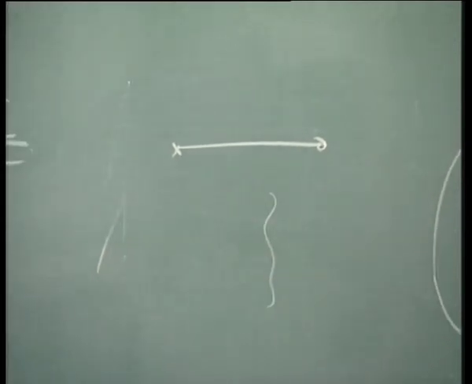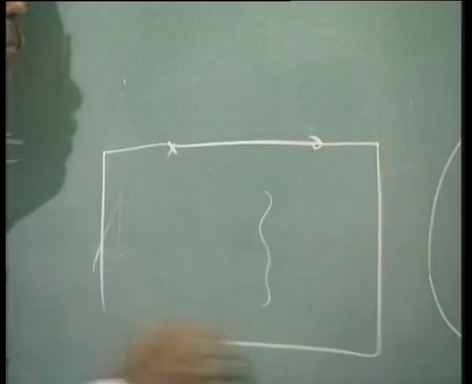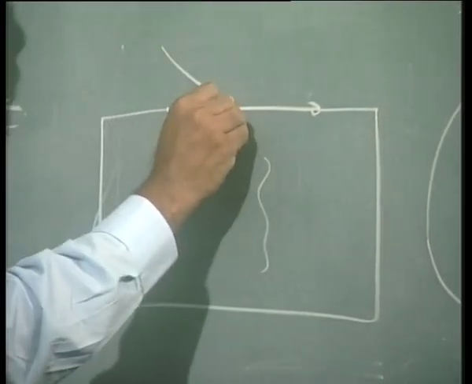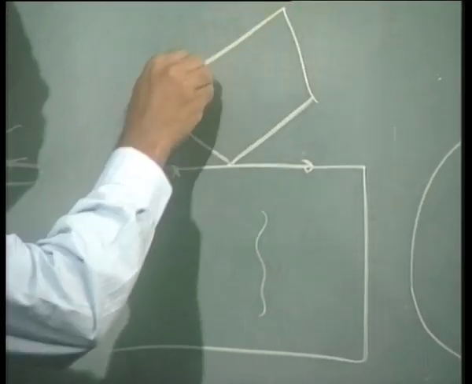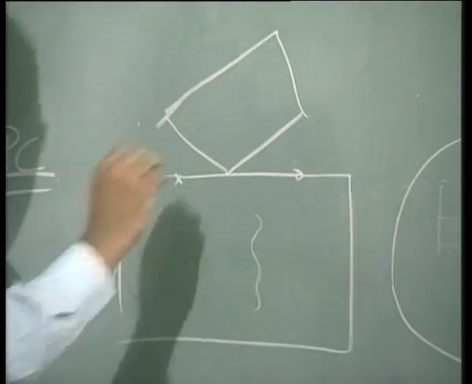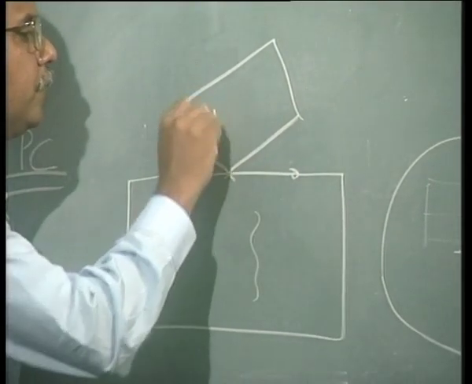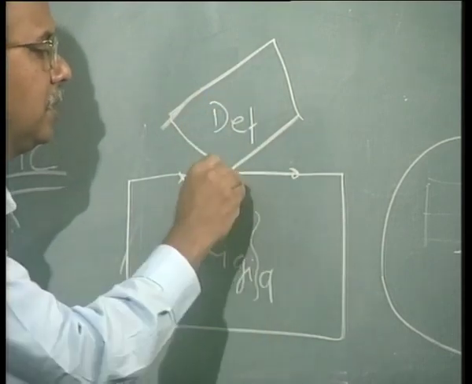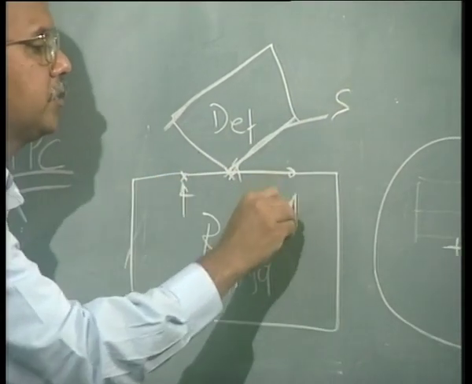The nodes are sitting on the surface of the body, say a block or whatever it is, in this case it may be sitting on the circle, and I have a slave node, that is the part of the body which I am analyzing. This is the slave node, this is the deformable body, this is the rigid body, and these two are master nodes.